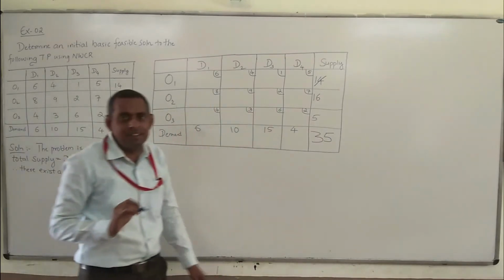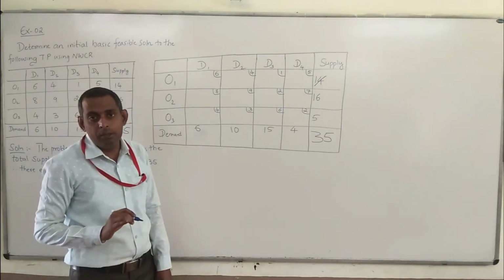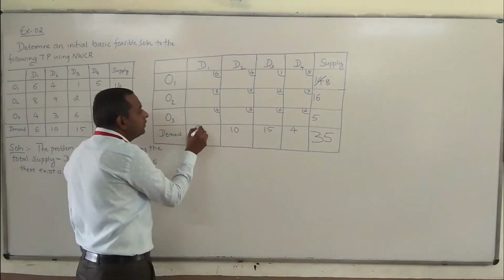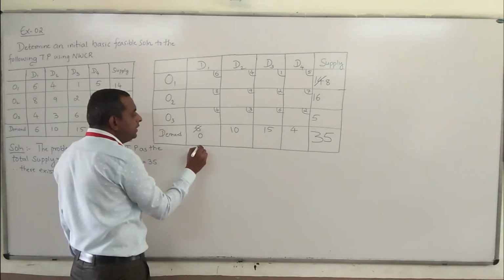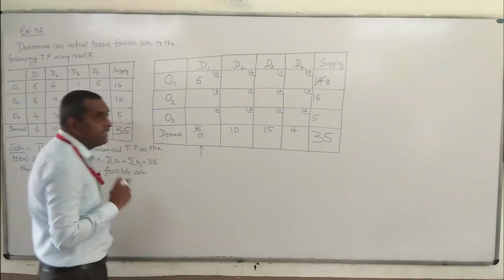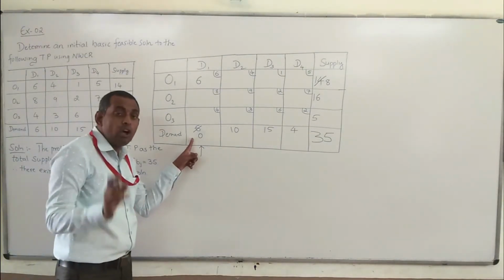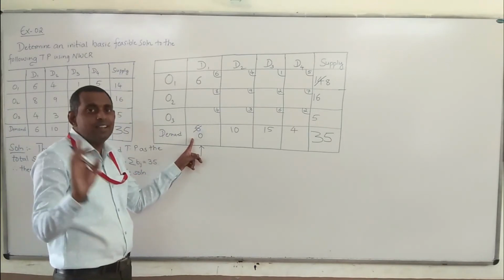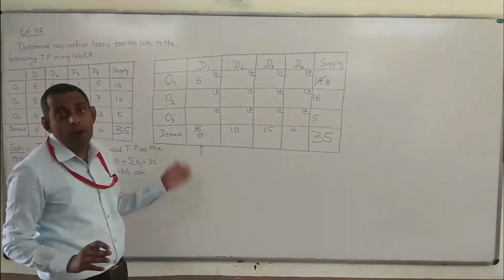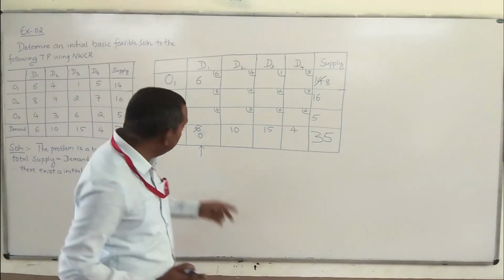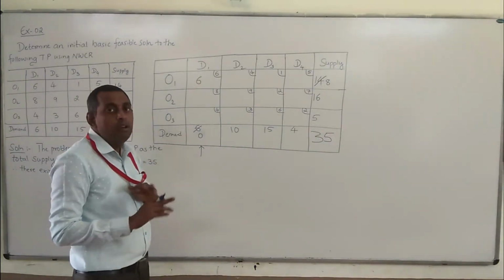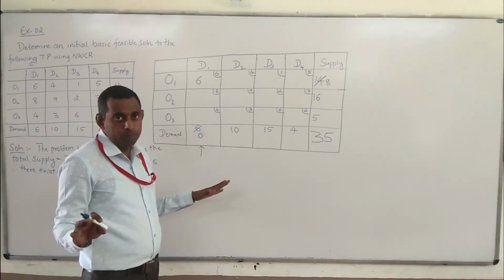So 14 minus 6 is 8, so 8 is remaining. 6 minus 6 is 0, so let me write 6 here. We have to exhaust a row or a column if the supply or demand gets exhausted. Here demand got exhausted, so the D1 column will be removed.